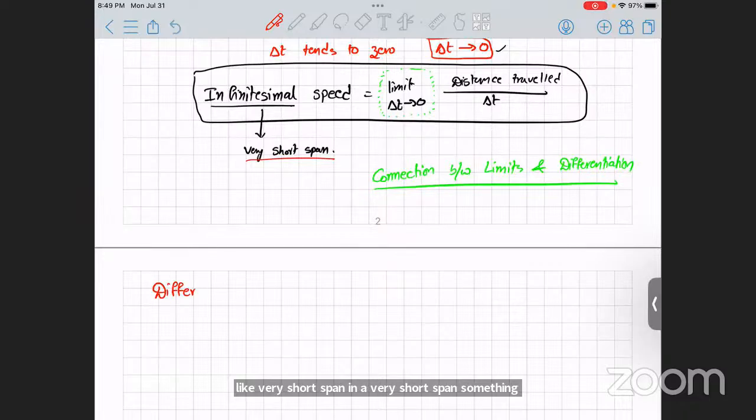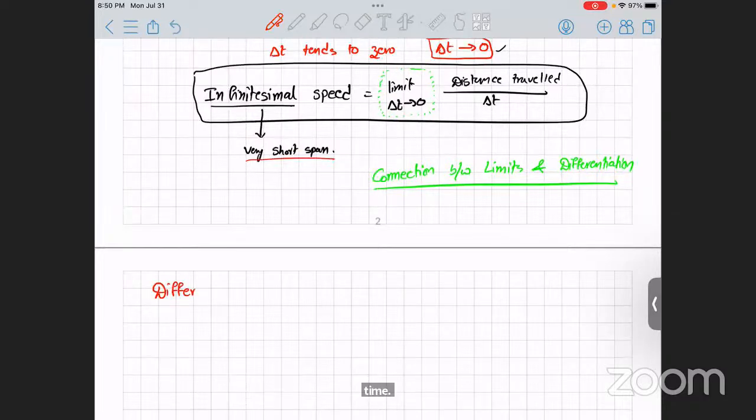But sir, if you put 0 in the denominator, the speed becomes infinite. That's why delta t tends to 0. It won't go to 0, but it is the maximum speed obtained at that particular time step. Are you getting the point? Okay, sir.